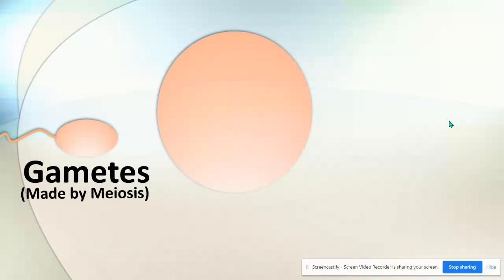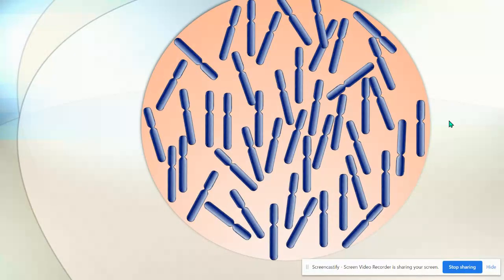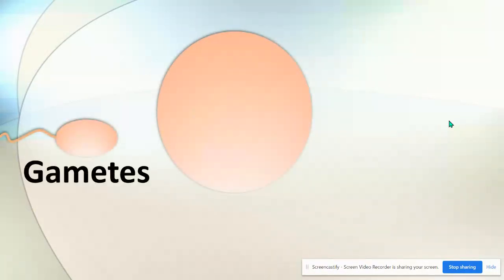And so, while our body cells, like our skin, for example, are produced by mitosis, we're going to study meiosis that creates gametes. Now, I just mentioned how our body cells have 46 chromosomes, but in reality, our gametes only have half of that.